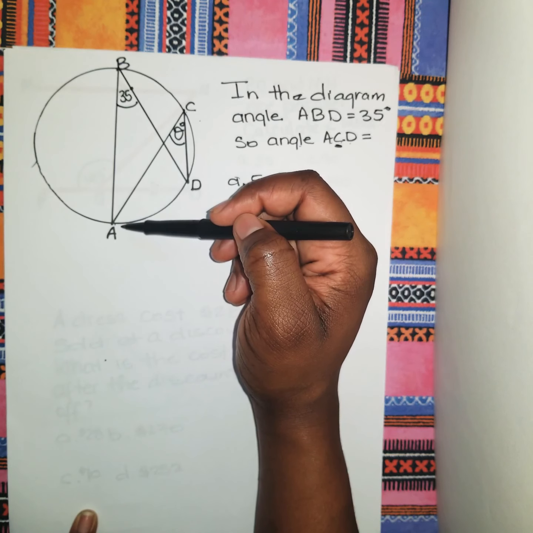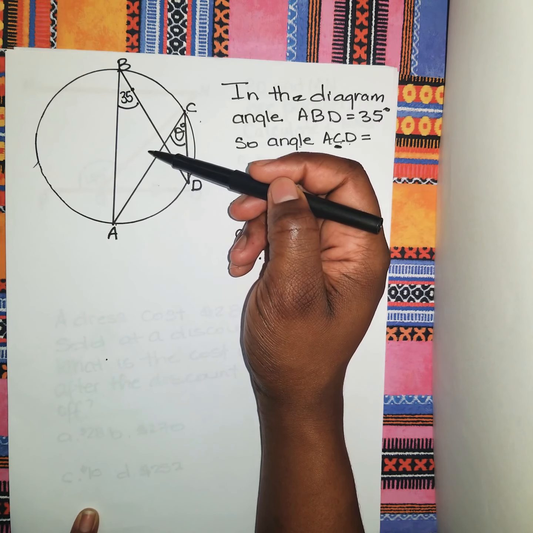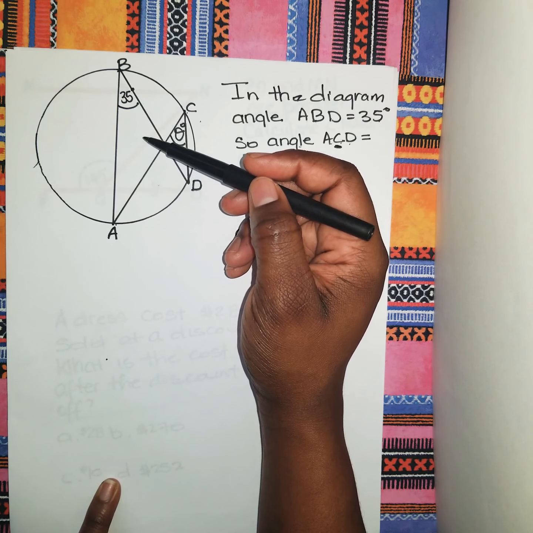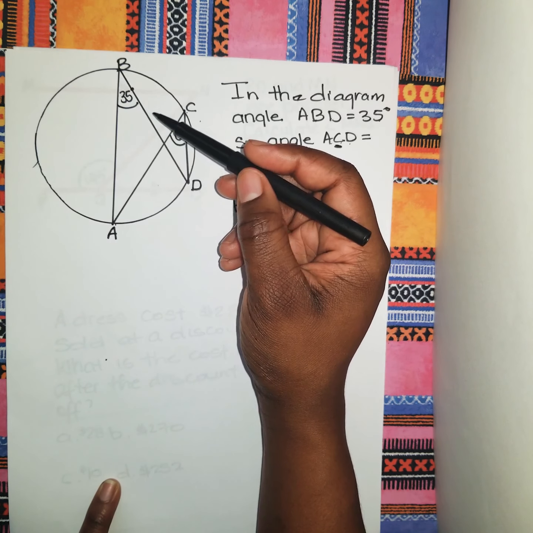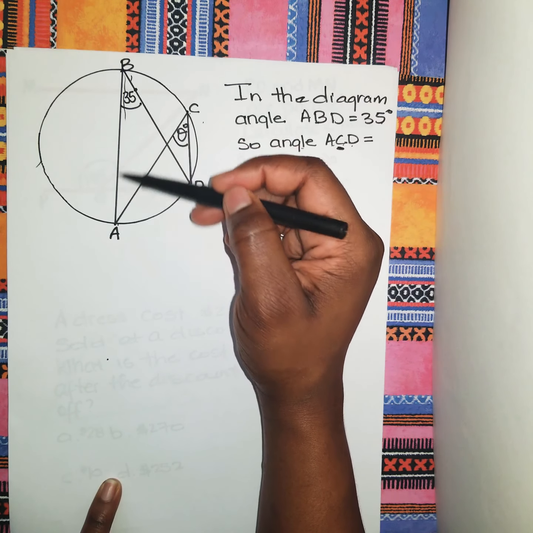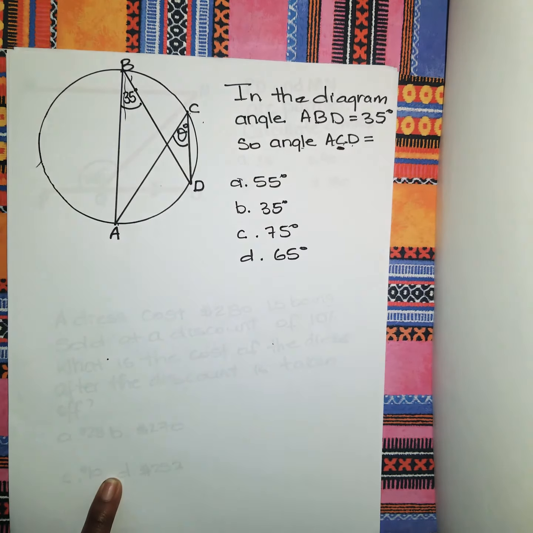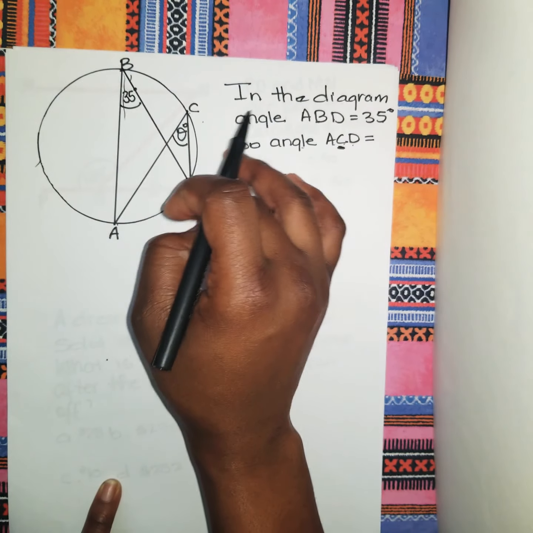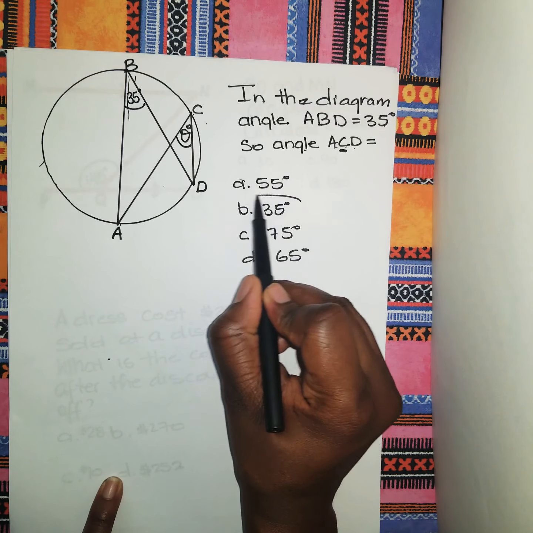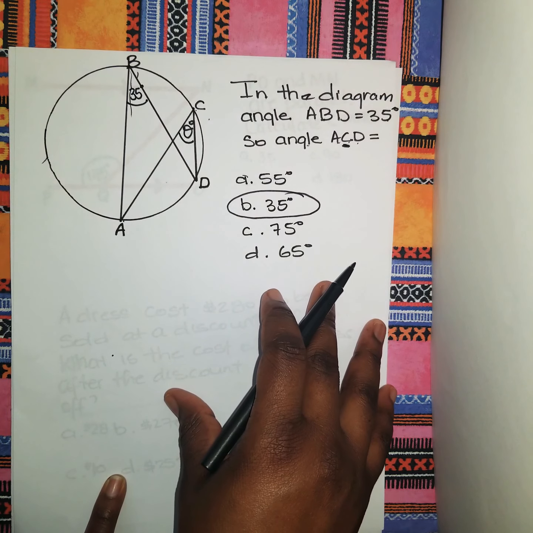Some would remember the same theorem by saying angles at the circumference standing on the same chord or the same arc are equal. The chord here is the chord AB, and these two angles are standing on that chord, so basically they are formed by the same chord. Once we know that they're equal, we know the answer is going to be 35 degrees.